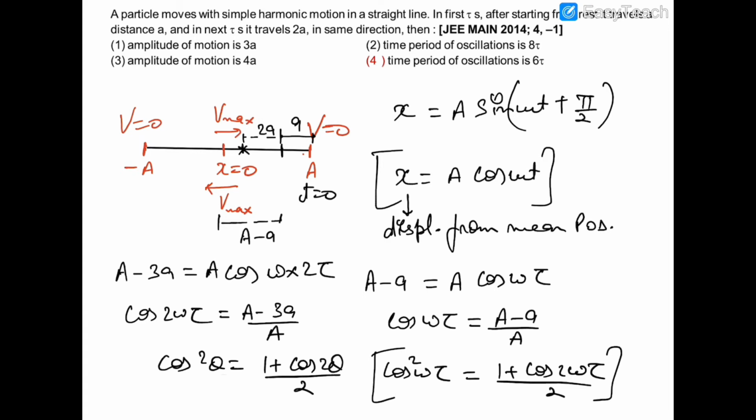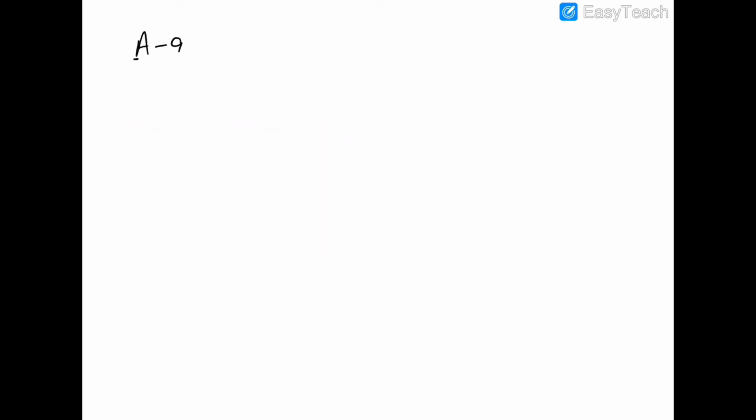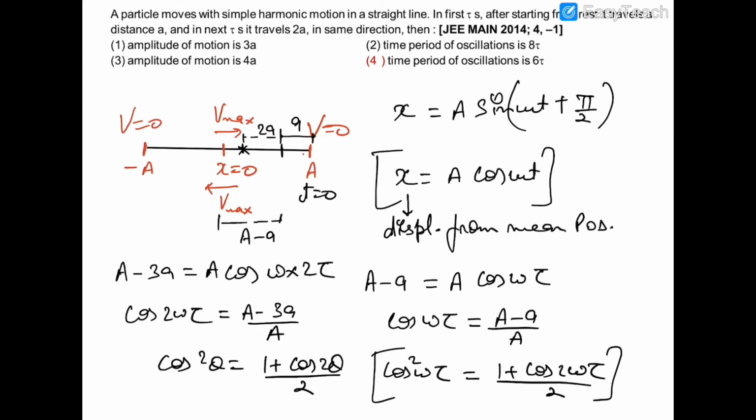So cos omega tau is A minus a by A. So A minus a by A whole square is equal to 1 plus this cos 2 omega tau, and cos 2 omega tau is equal to A minus 3a by A, divided by 2.